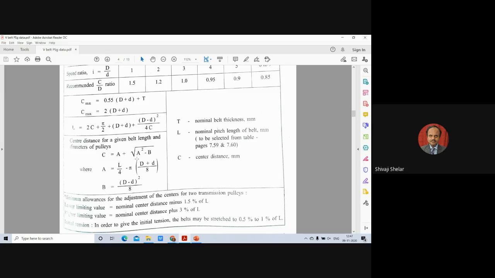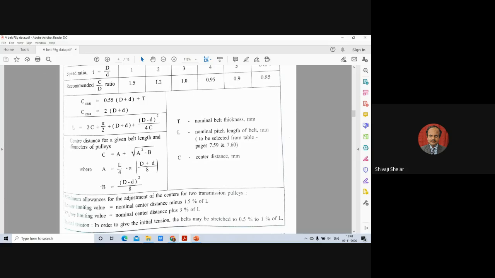C is equal to A plus square root of A square minus B, where A is L by 4 minus pi into (D plus d) by 8, and B is (D minus d) whole square upon 8. This formula has been rewritten in a simpler form to determine the center distance if you have selected the standard length of the belt. Or if you have a fixed center distance, then you can calculate the pitch length required by this formula. Now, once you calculate this pitch length, the next step is to determine the designation of the belt.